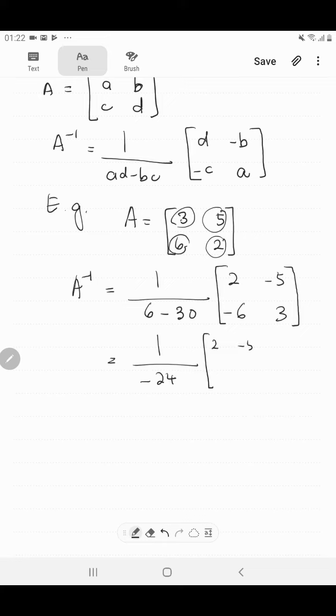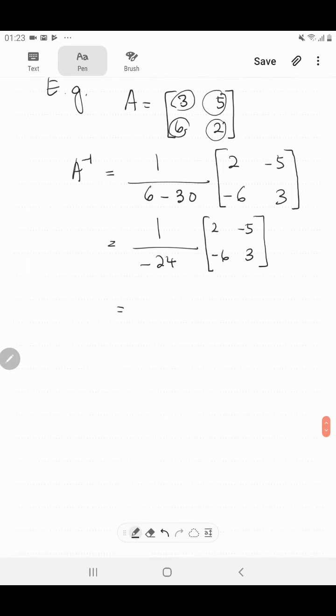So your matrix inverse is negative 2 over 24, negative 5 over negative 24, negative 6 over negative 24, 3 over negative 24, which you can simplify further.